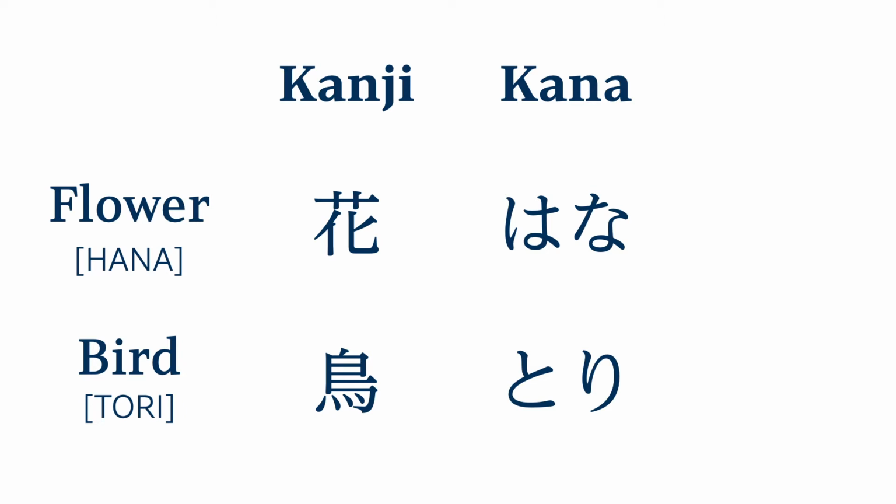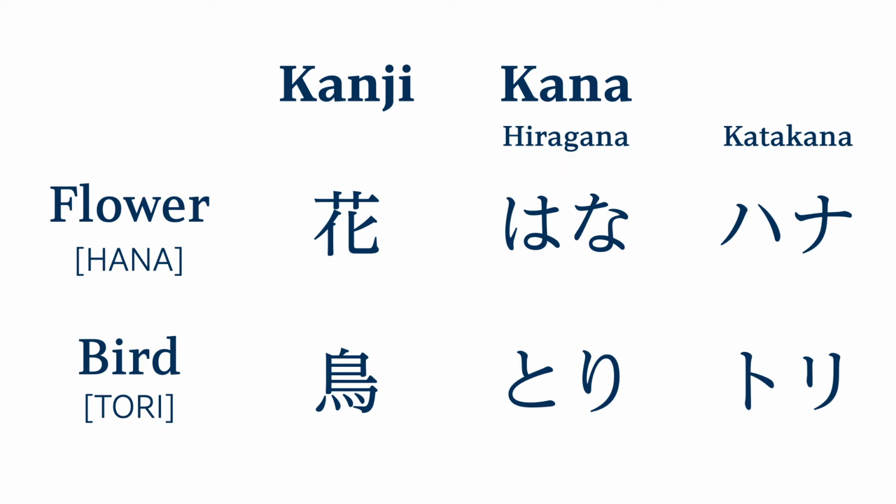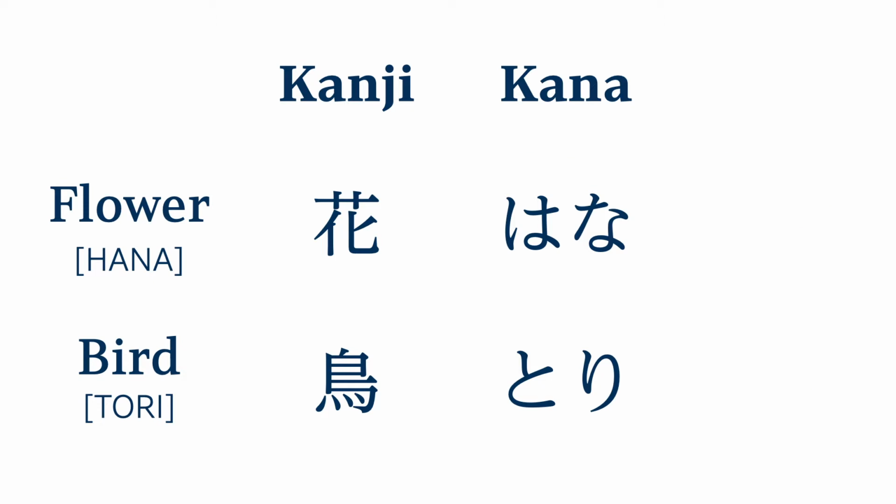On the other hand, kana are phonetic characters that are based on kanji. In detail, there are two types of kana: katakana, which are made by taking a single part of kanji, and hiragana, which are made by simplifying a kanji. Today I'll focus more on hiragana. Unlike kanji, one single character of kana does not hold a meaning, which I think in this sense is quite similar to the English alphabet.